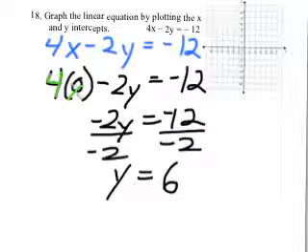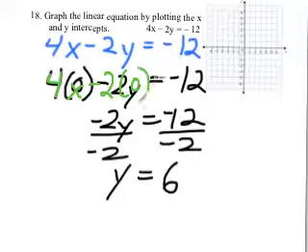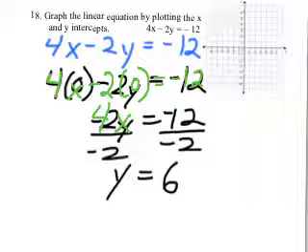For x minus 2 times 0 equals negative 12. Again, the 0 wipes out that y, and we have 4x equals negative 12.